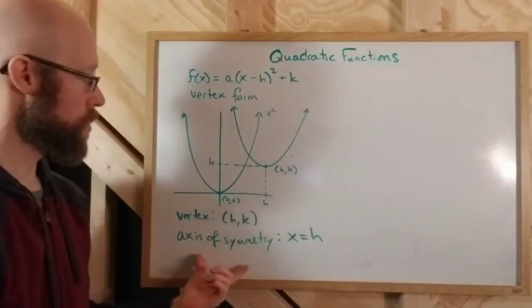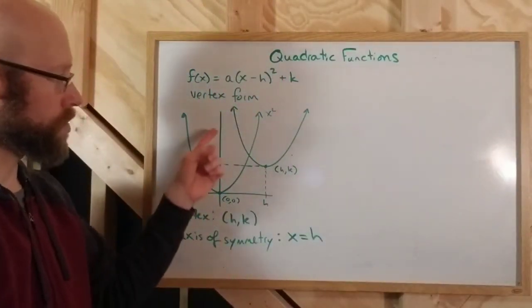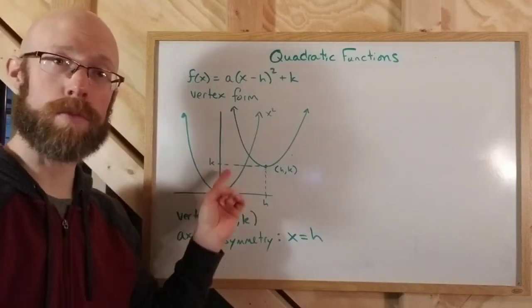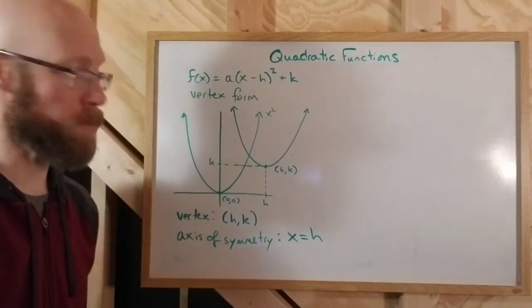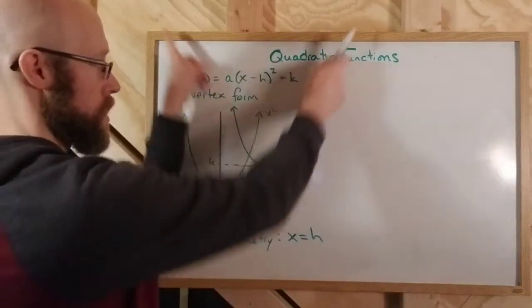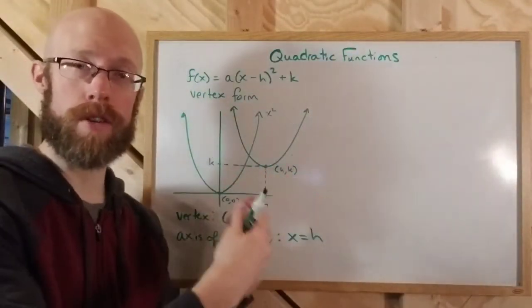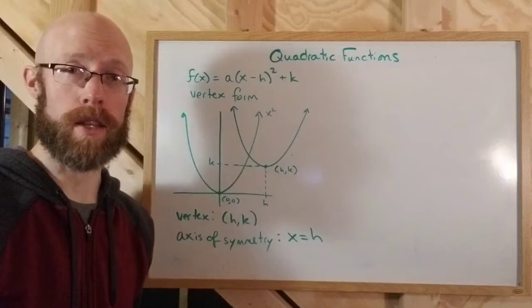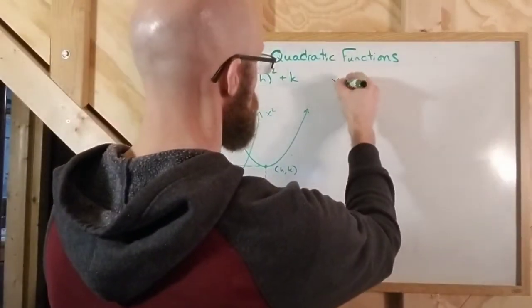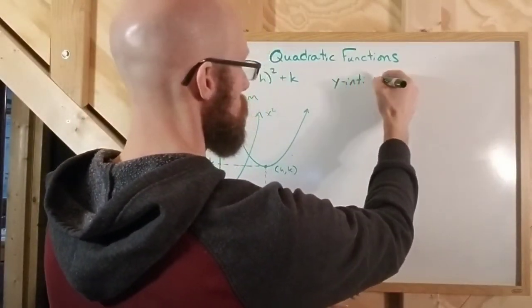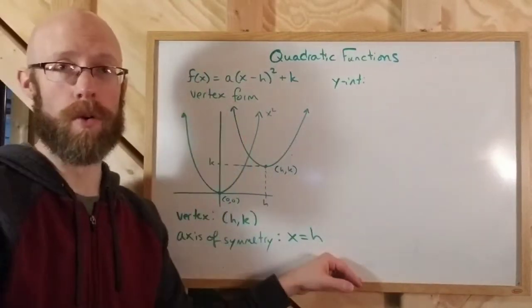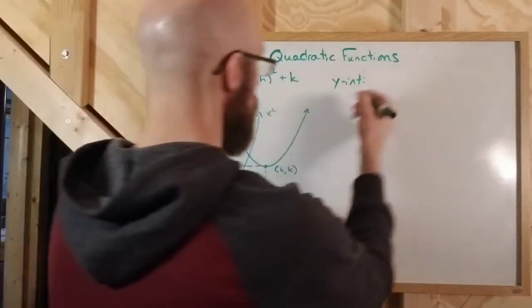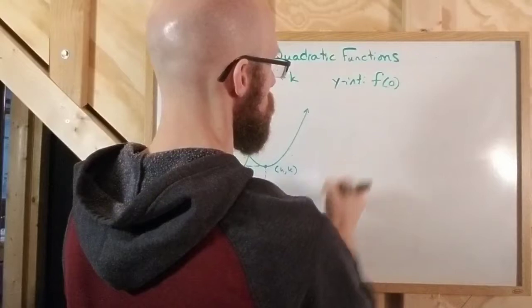Okay, so anyway, the y-intercept of these graphs, and there will always be a y-intercept on a parabola because the tails extend indefinitely. So no matter where it gets shifted to, they're always eventually going to hit the y-axis. So the y-intercept is always going to be found simply by plugging a 0 in for the x value. It's f of 0.